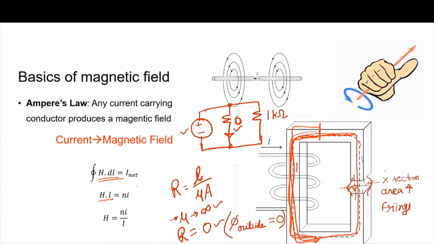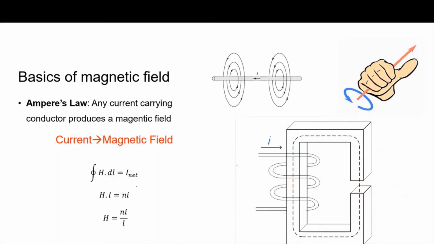The aim of these kinds of cores is to focus the flux. If you have an I core and a coil connected like this, you will have flux lines in the air, and they can go anywhere. They can go something like this also.